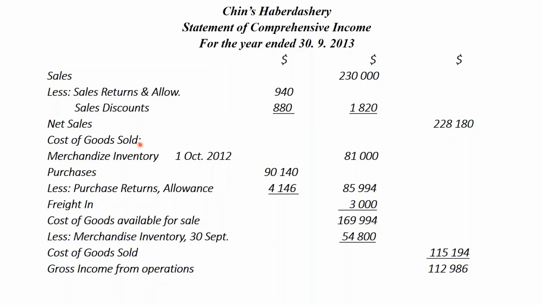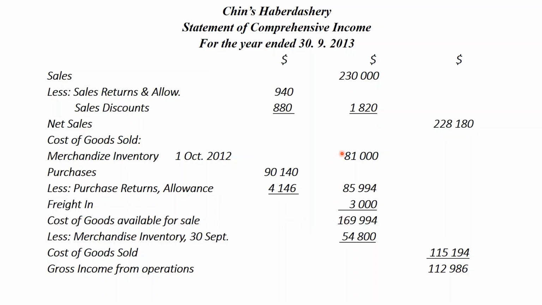From that, we're going to take the cost of goods sold, merchandise inventory, purchases, less the purchases returns and allowance, and the freight in comes in here. Okay, the carriage in one. The cost of goods available for sale is the sum of these three here.